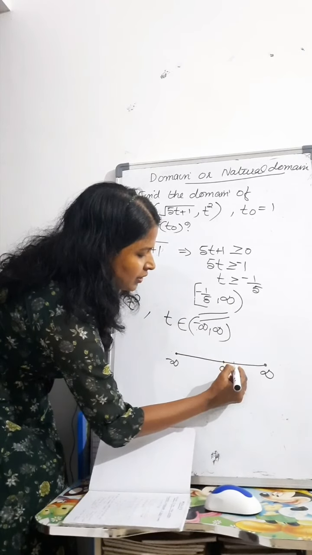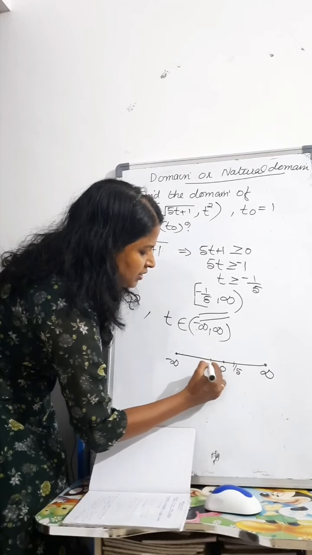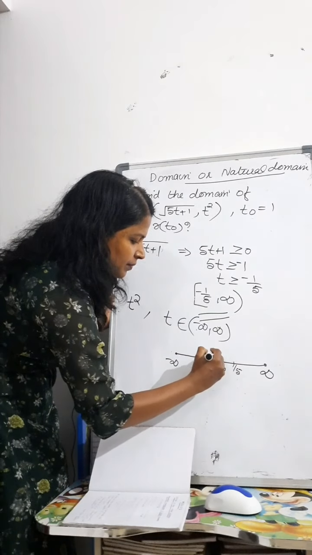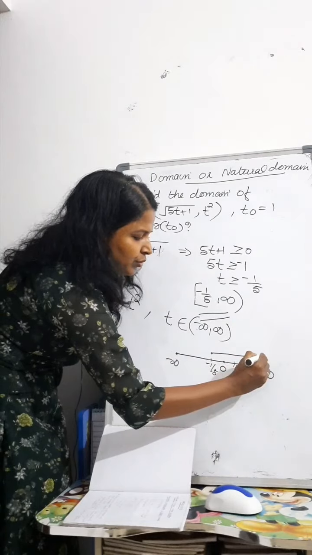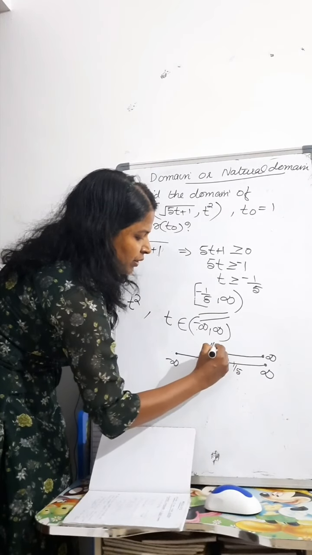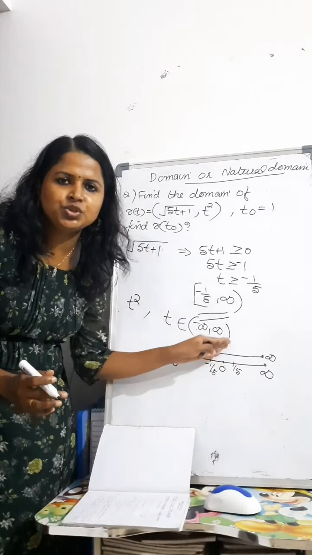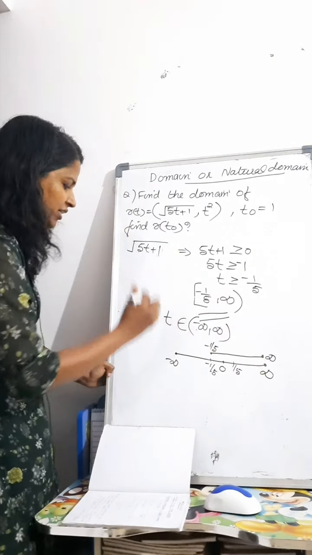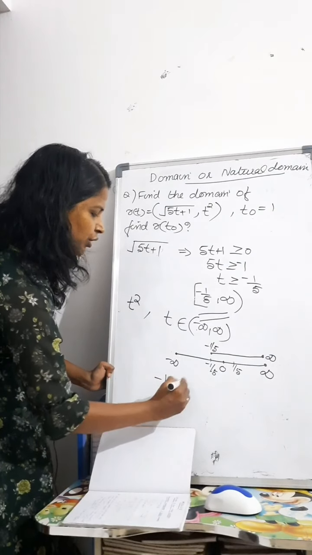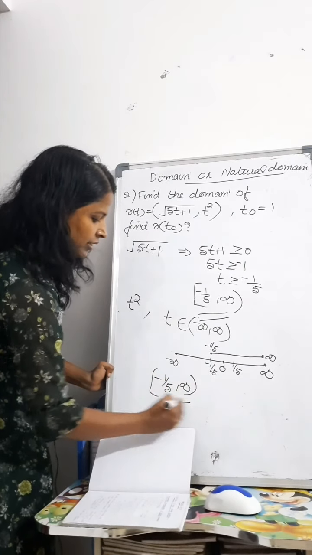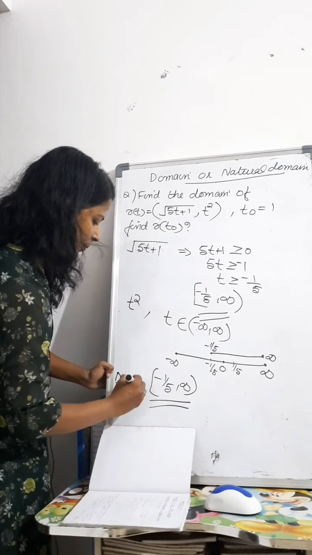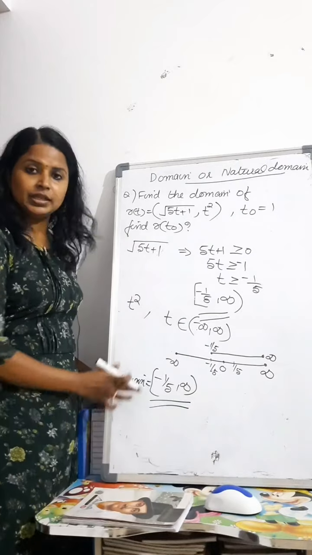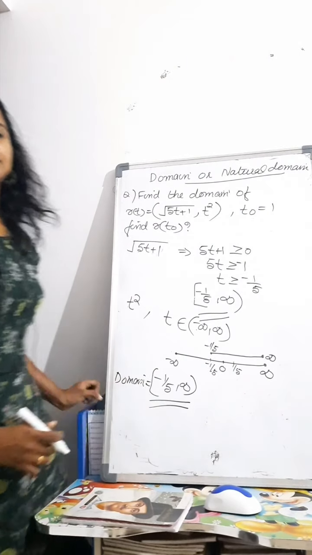Here 0, here 1 by 5, here minus 1 by 5. So minus 1 by 5 to infinity. What is the intersection of these two intervals? The smaller part. So the intersection is minus 1 by 5 to infinity. This is called the domain of r of t.